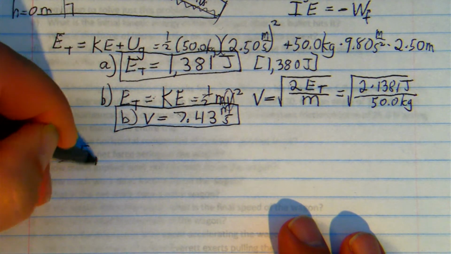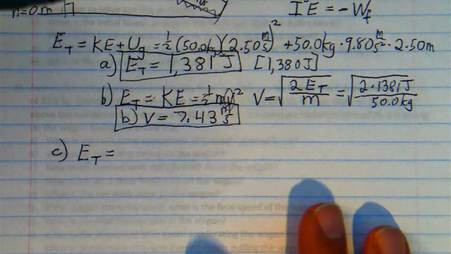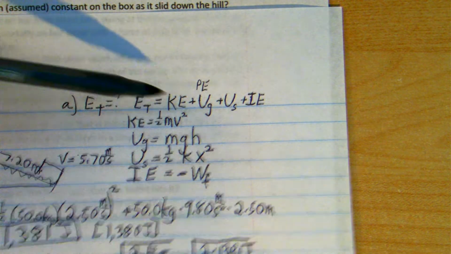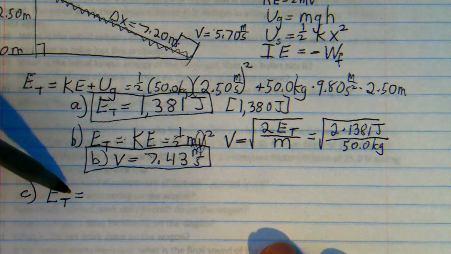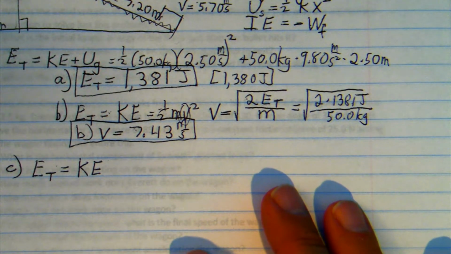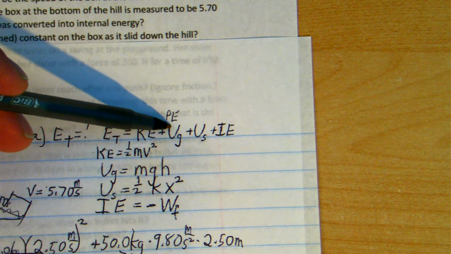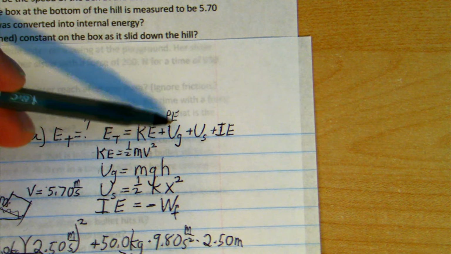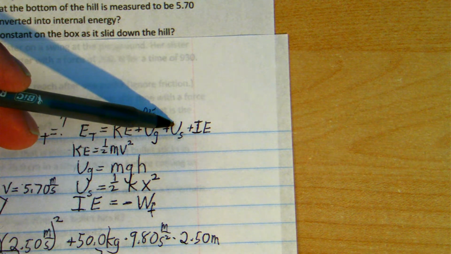The total energy can exist in any combination of these four forms. At the bottom of the hill, it has some kinetic energy, but not as much as before. It has zero gravitational potential energy. It has zero energy in a spring because there are no springs in this problem.